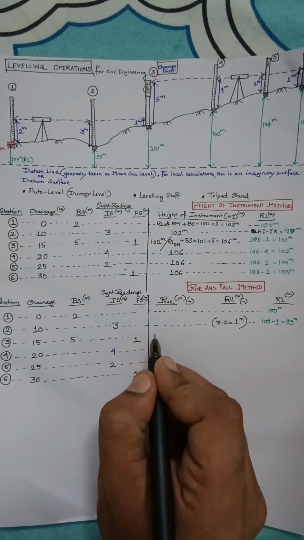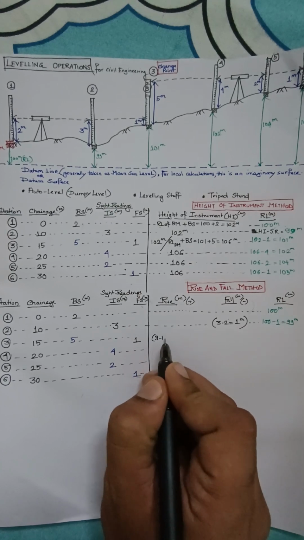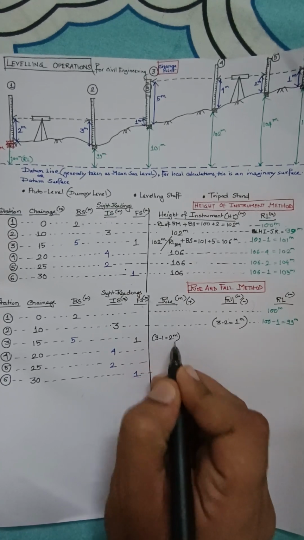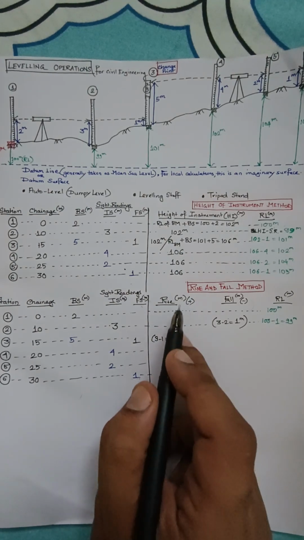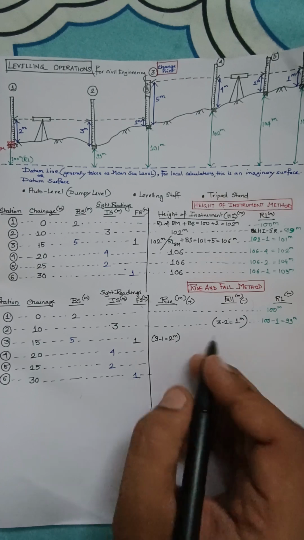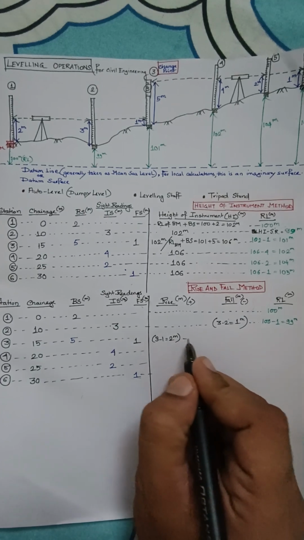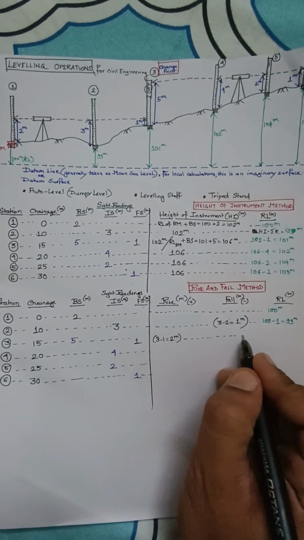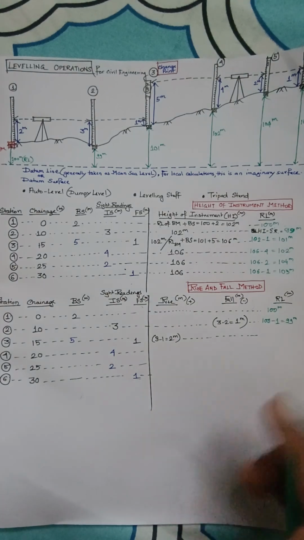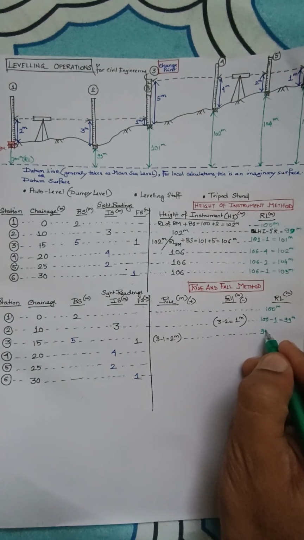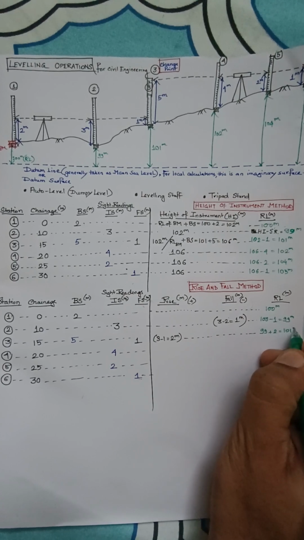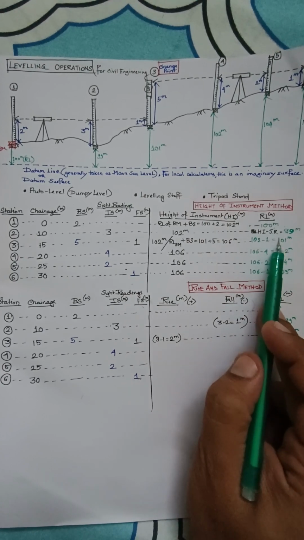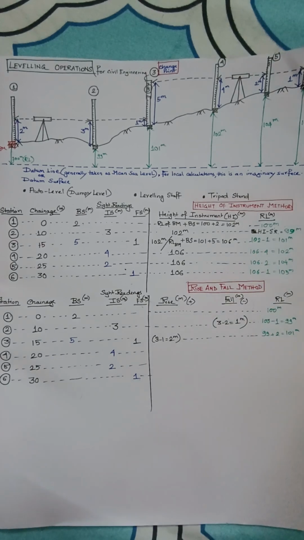It is nothing but 3 minus 1, which is equal to 2 meter. And I told you that whatever value you have over here should be added with the previous RL. So what is the new RL of this point? You have the previous RL 99 plus 2, which is equal to 101. Cross check, it is still 101. So we are actually heading in the right direction.